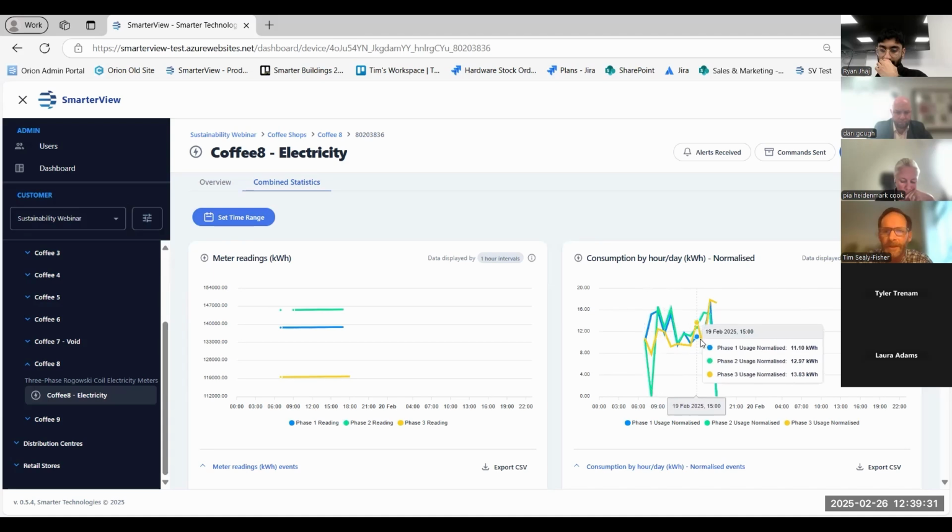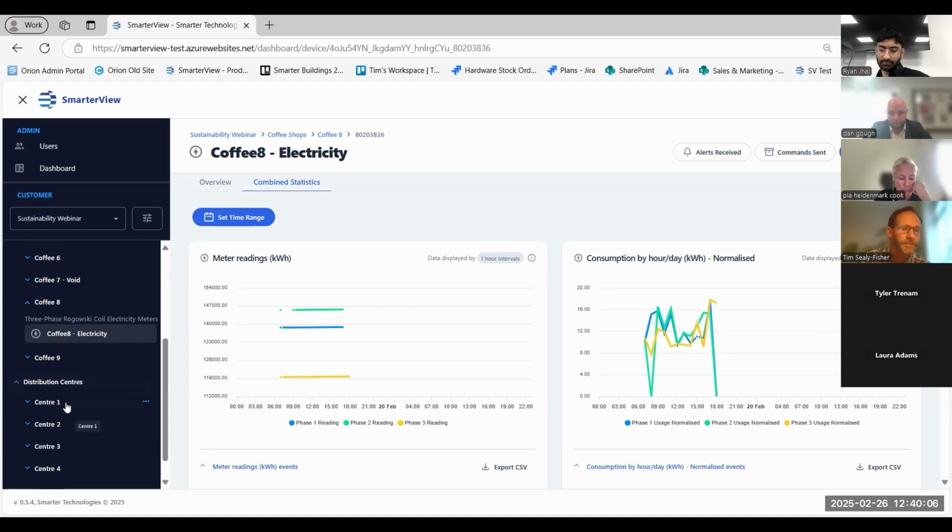And then with these three lines together, the three phases, that means that primarily the energy used on site is from three-phase equipment. And actually the recent findings on this is the coffee machine that's used on site is significantly older than the others, drawing a lot more load. And they also had some heating ovens that weren't in place on other stores, but they've got down to that detail. And then this data supports the return on investment to replace those appliances.